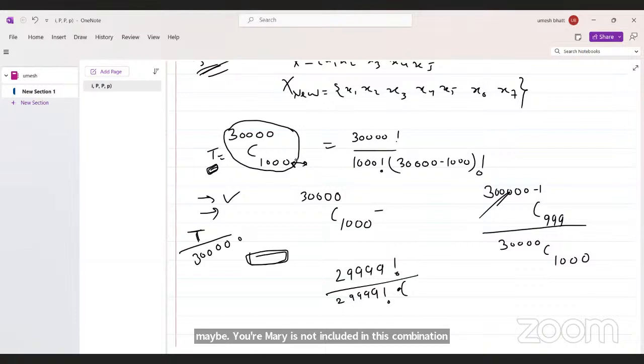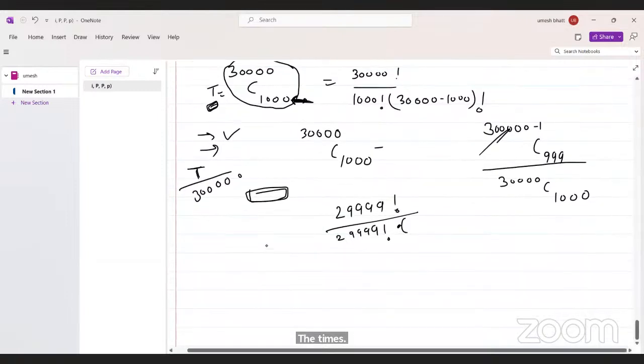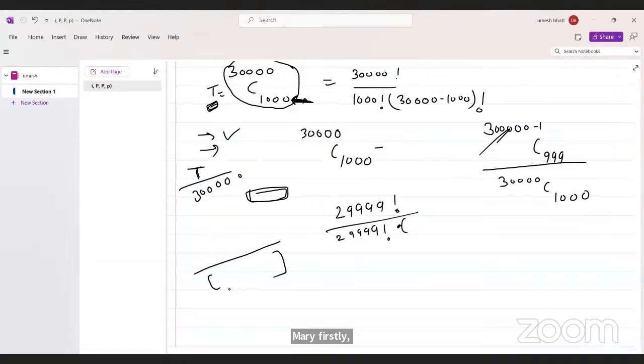Sir, Mary is not included. I am saying, in how many forms is Mary, what is Mary's count? So for the count, T by 30,000 is not your Mary count, because see, firstly 30,000 is your total students.